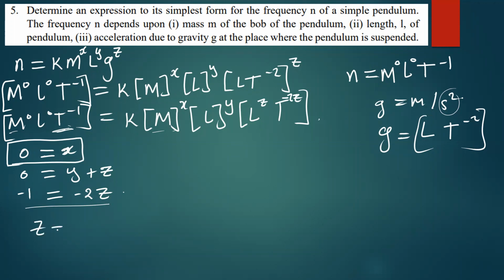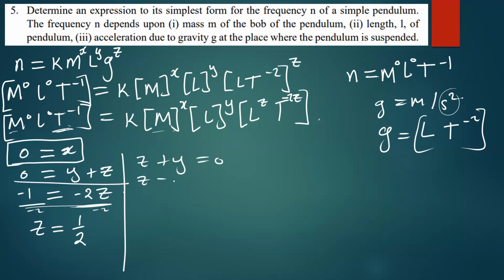So when you divide by 2 on both sides, dividing -1 by -2, you're going to get your z as 1/2. And then we can also find y from the equation because we know that z plus y is equal to 0. So z is equal to -y. We're looking for y, so let's make y the subject. So y is equal to -z. So z is half, so the value of y becomes -half.